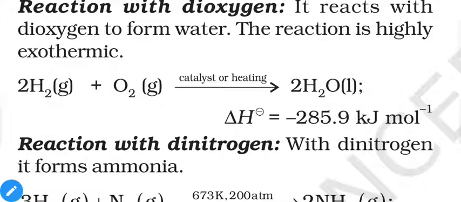This reaction releases an extreme amount of energy, and that's why it is also used in rocket fuels. A rocket requires an extreme amount of energy to lift up, and that's why H2 and O2 come in handy. This reaction is also used in fuel cells.